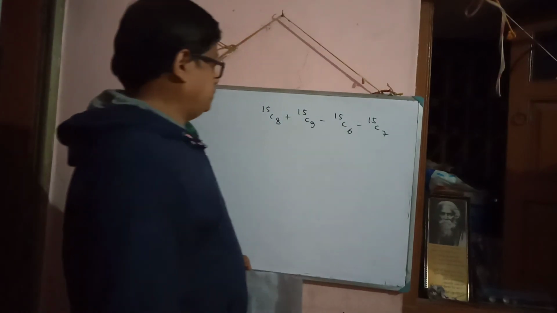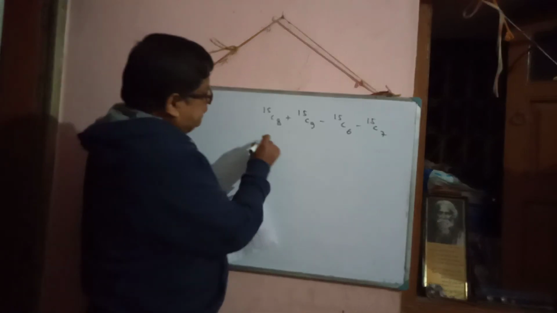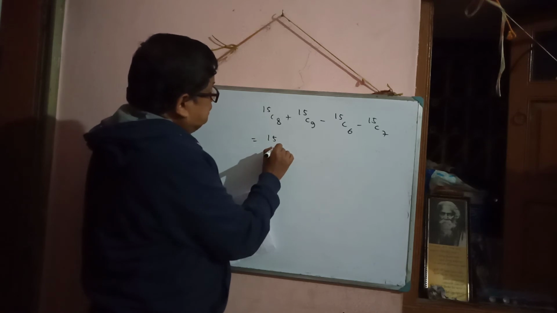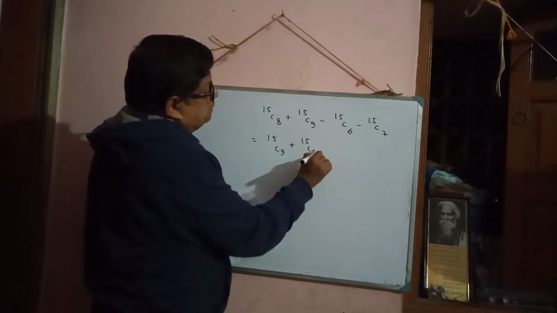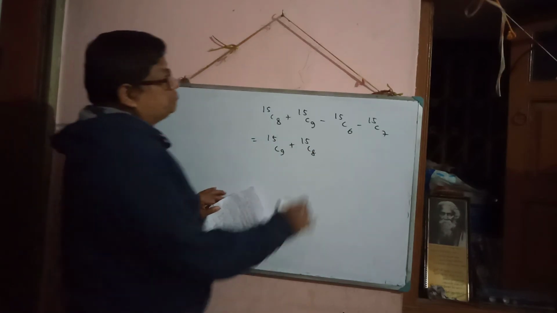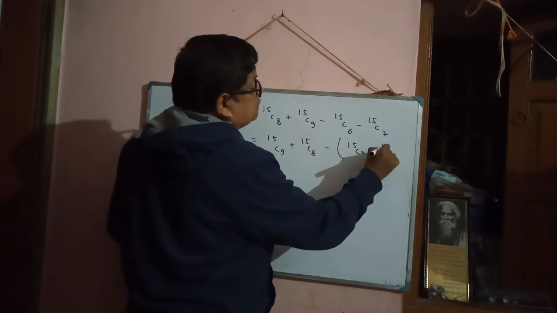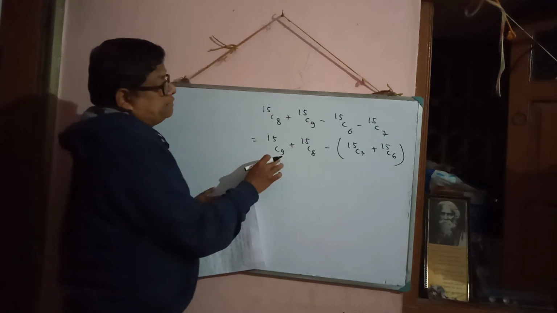What is the value? Evaluate. So writing C here, just arrange 15C9 plus 15C8, taking, okay, minus take common 15C7 plus 15C6.